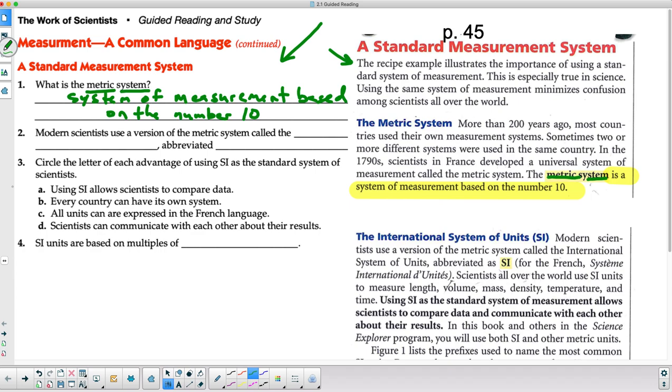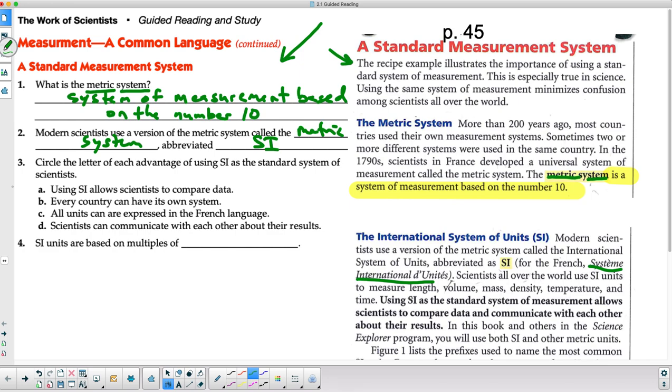Système International de Units. It's actually called the metric system, but we abbreviate it with SI.